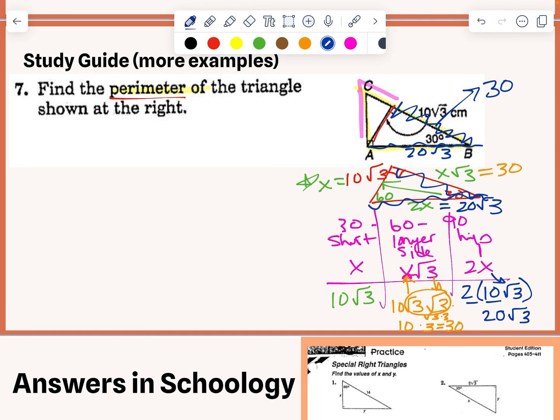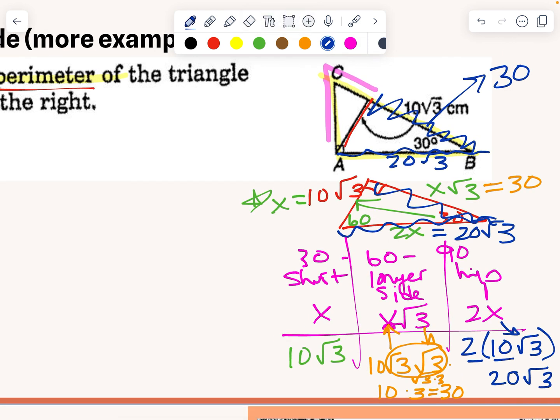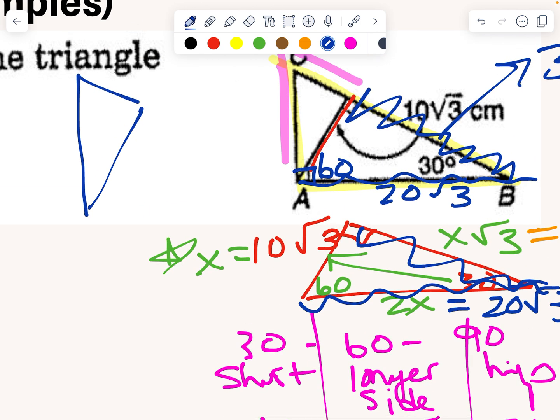We have a triangle that looks like this, and we knew that this piece was 60. We also know that it began as a right angle. So 60 and 30 make 90. So down here is 30 degrees.